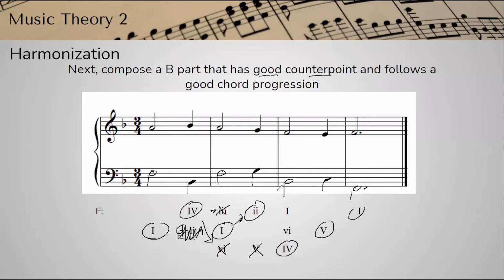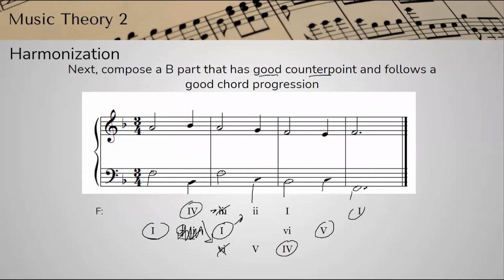Okay. Now, there's another possibility we could have used instead of going to that 5 chord, right? The 2 chord, sorry. We could have gone to maybe the note C for the 5 chord.